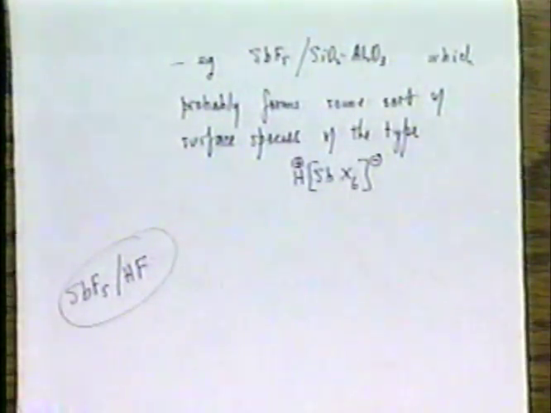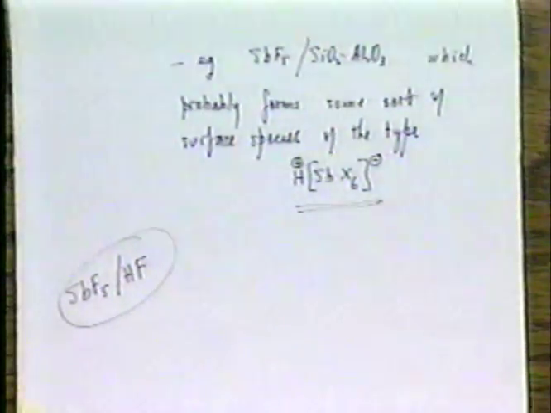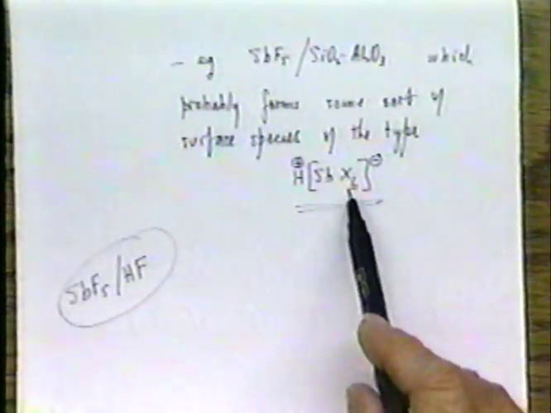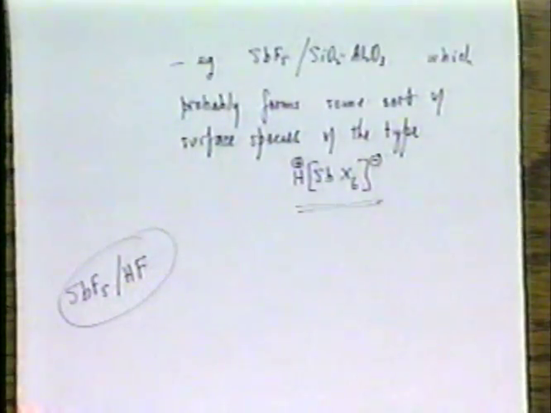But SbF5 on the surface of silica alumina gives extremely strong acidity. Again, the structure is not known, but it's probably some sort of ionic material of this sort on the surface of the silica alumina, where the actual groups that are coordinated to the antimony are not necessarily all fluorines.